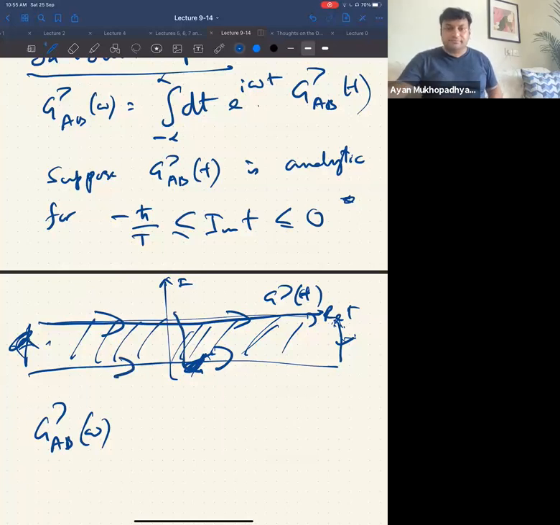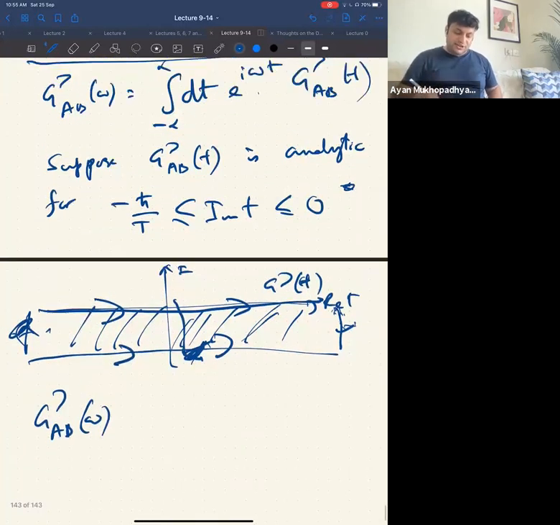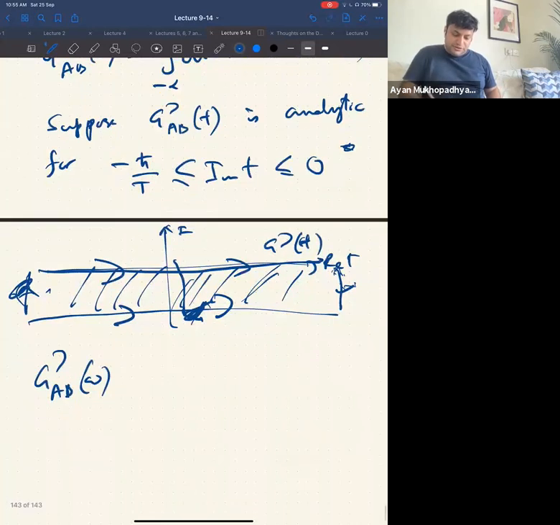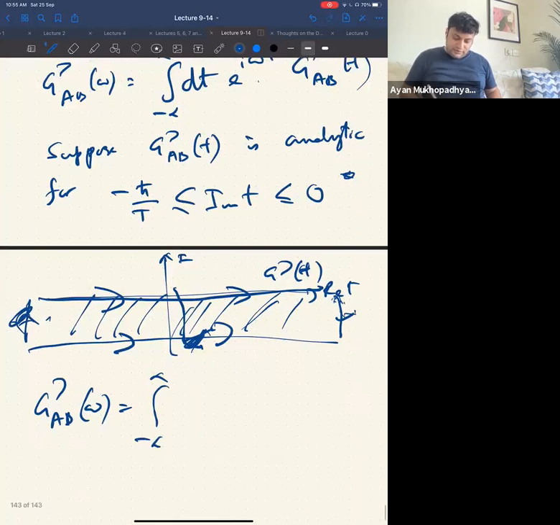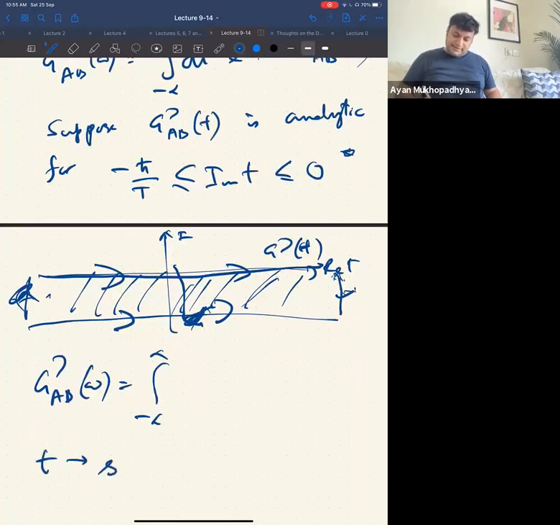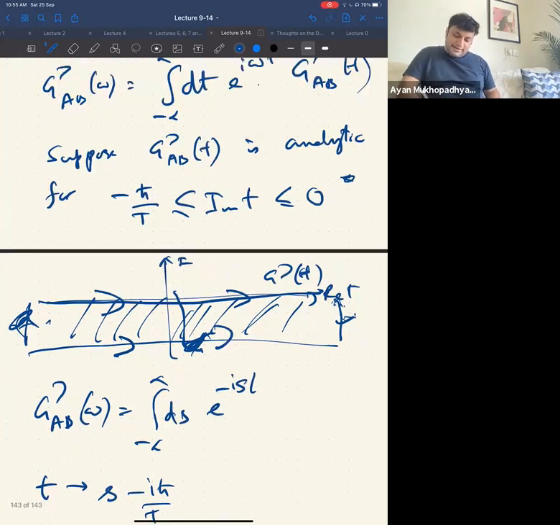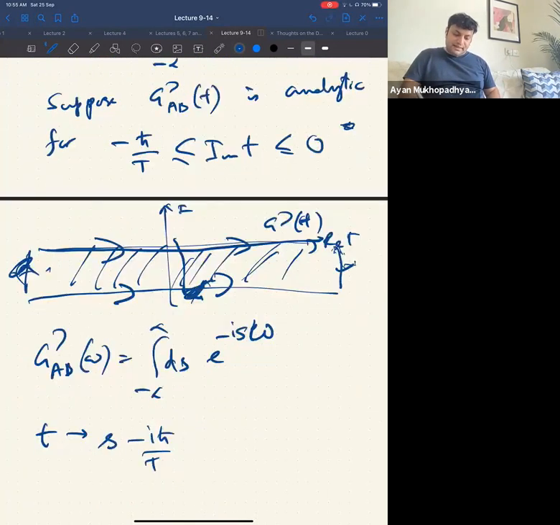So what I can do is shift my contour, integrating from minus infinity to infinity over t, and if I shift t goes to s minus i h bar by t, I get the same integration over s of e to the power minus i s omega, but I get an extra contribution, which is e to the power h bar omega by t.